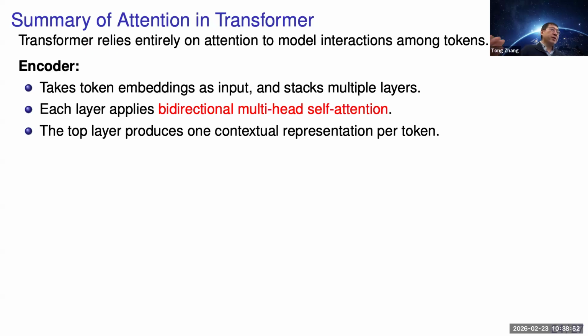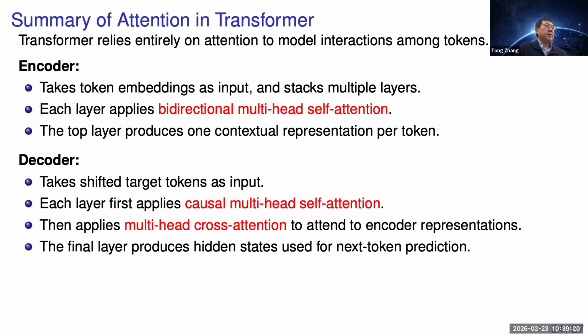Also, it does have an FFN, which we'll talk about next time. And the top layer, this one is all the modeling of your interactions for tokens. It produces one contextual representation per token. So it's one vector per token, of the dimension D model. D model is a dimension typically given to you. This is the encoder.